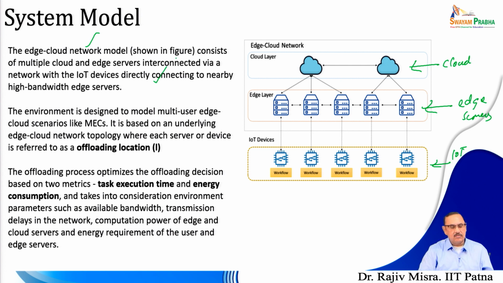Devices connect directly to the nearby high bandwidth edge servers. The environment is designed to model the multi-user edge cloud scenario like MEC. It is based on an underlying edge cloud network topology where each server or device is referred to as an offloading location.